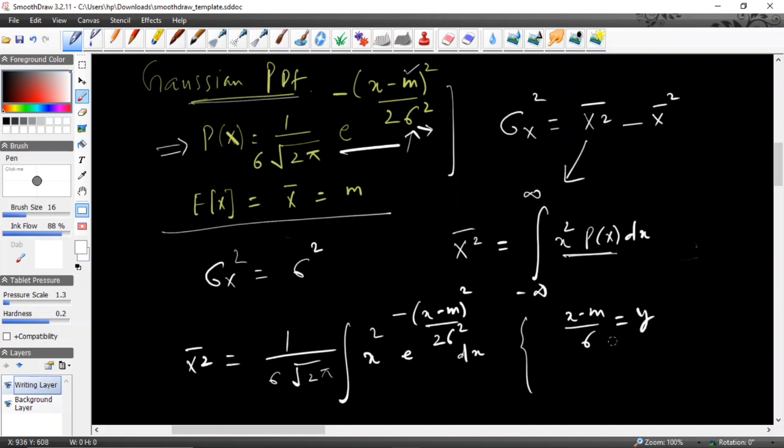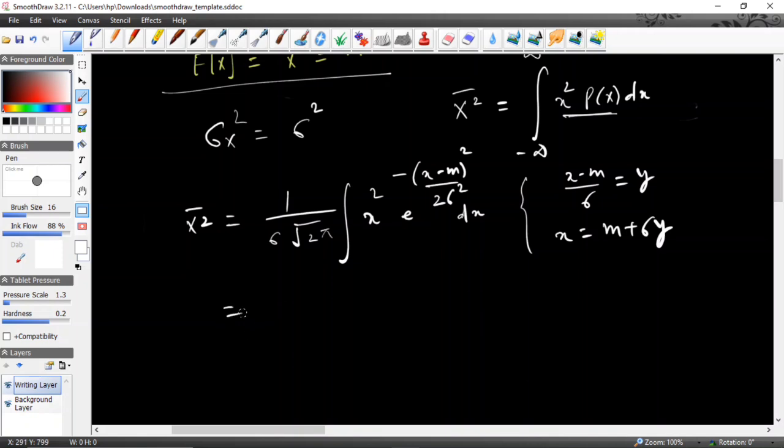with y, then definitely your x will become m plus sigma y, and this equation will be modified as 1 by sigma under root 2 pi integration of x square, which is (m plus sigma y) square, into e to the power minus y square by 2 into dx, since (x minus m) by sigma is y.